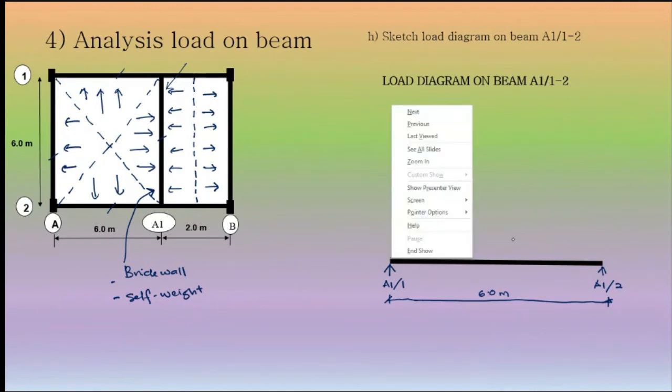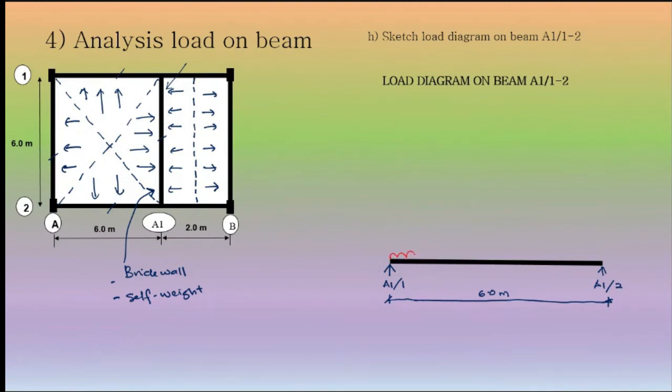Safe weight, of course, along the span of the beam, right? So safe weight is UDL, uniformly distributed load. Beban teragih seragam. It means this load is distributed along the span, for 6 meter. This one is beam.